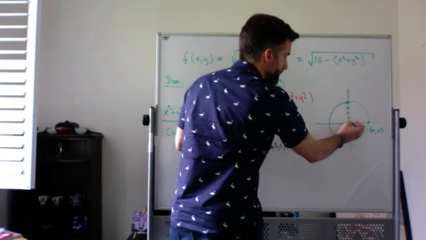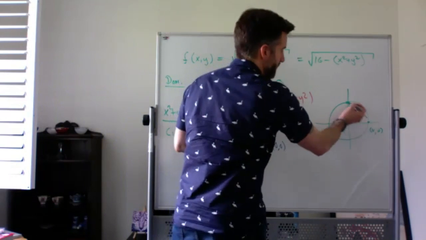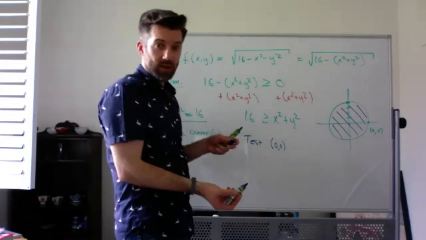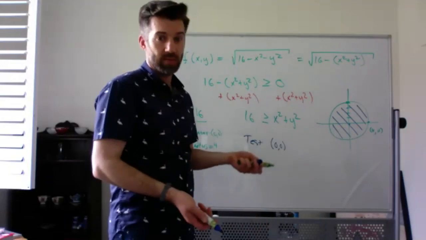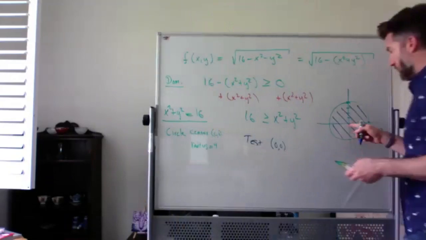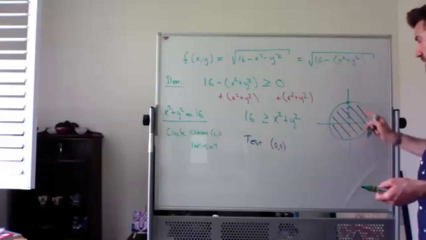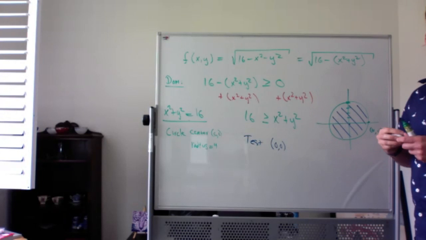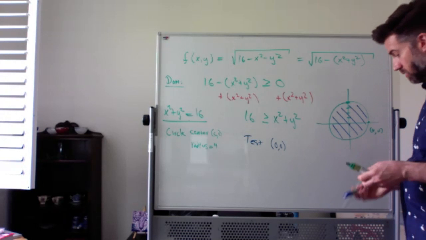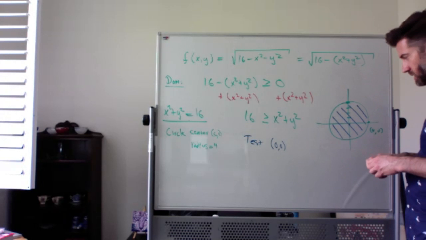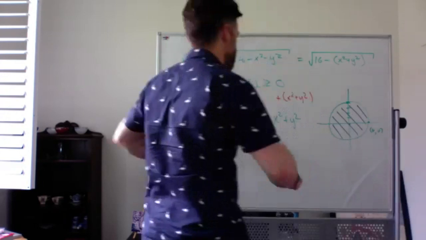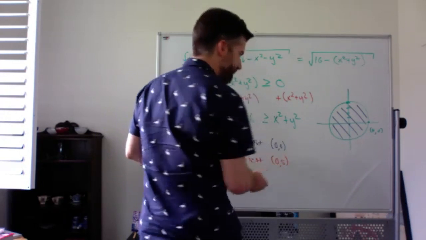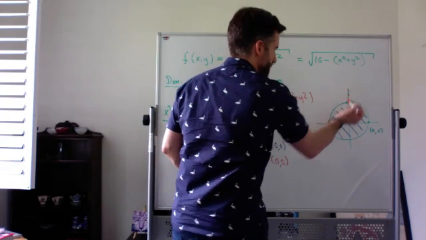So this point is in the domain, which means that everything on the same side of the boundary as that point is also in the domain. So once you've picked a point, if it's a success, everything in there is. If it's not a success, everything out there is. We also could have picked a different test point. Say we picked 0, 5, which is up here.